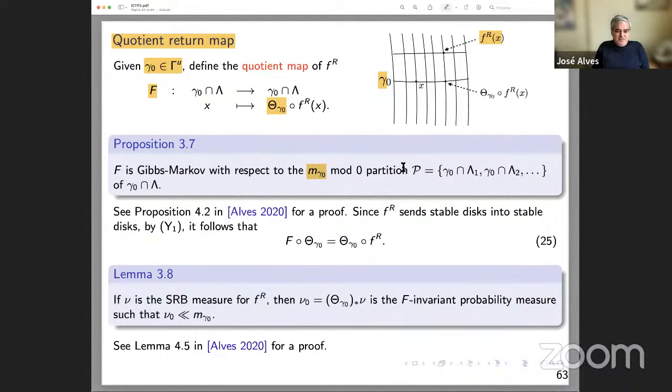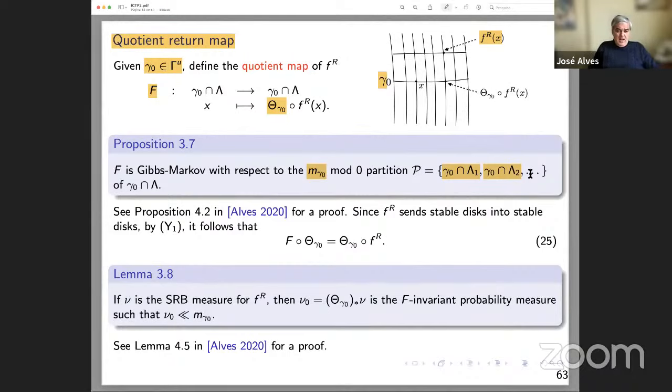For a Gibbs Markov map, we have a reference measure and a natural partition for that map. What is the good partition? It is intersecting gamma 0 with the elements of the partition associated to the Young structure lambda. It is not difficult to prove this result. It follows from the properties that we have imposed on the Young structure.